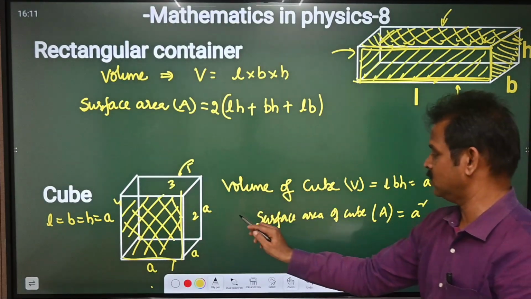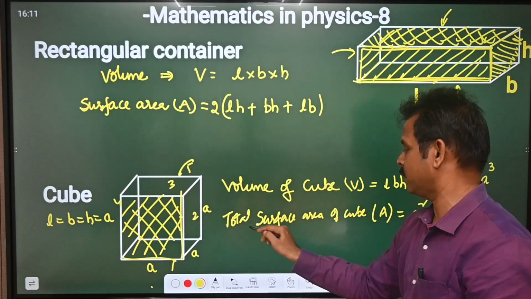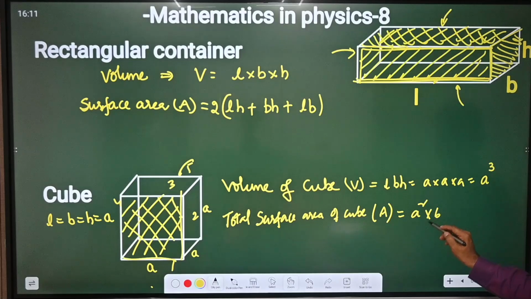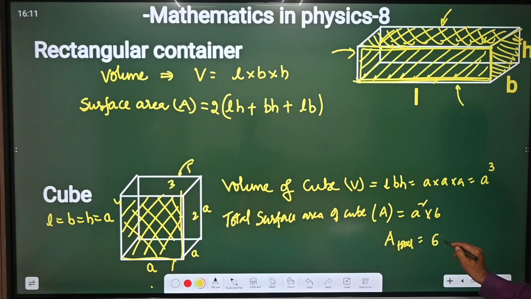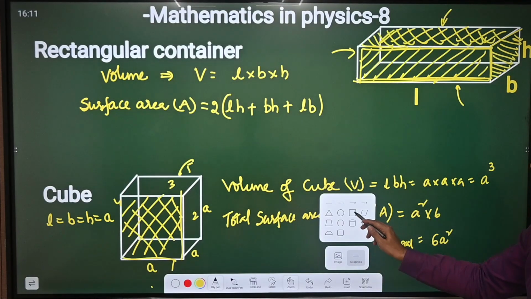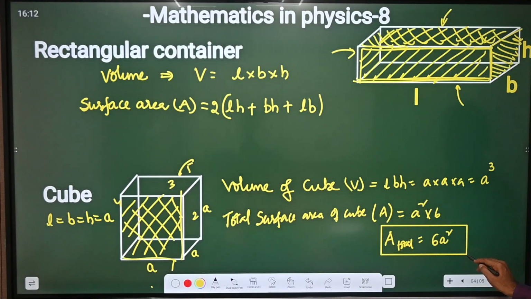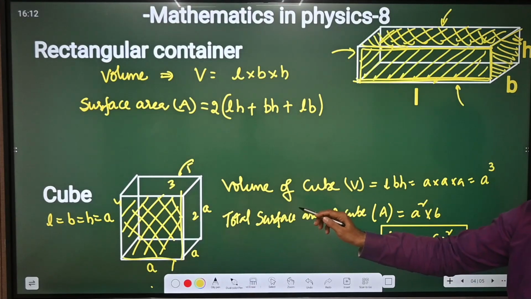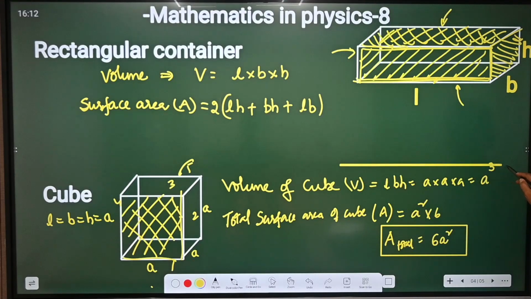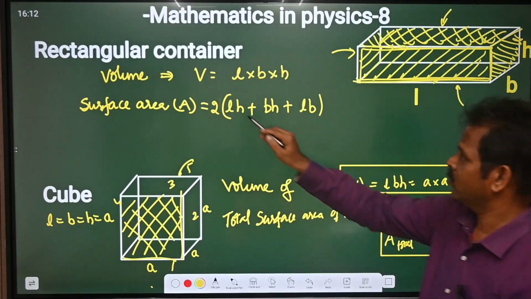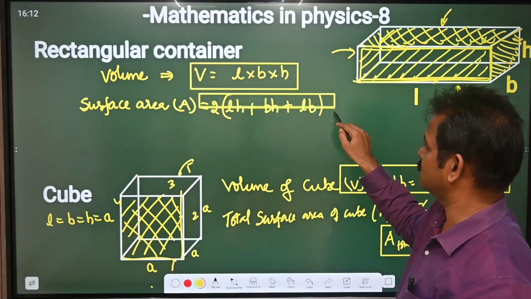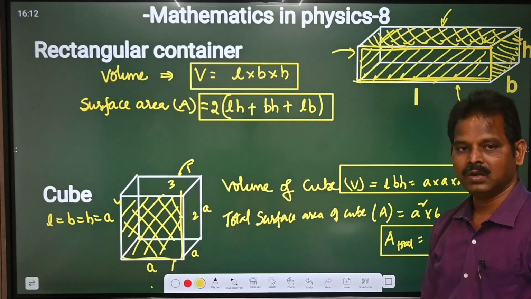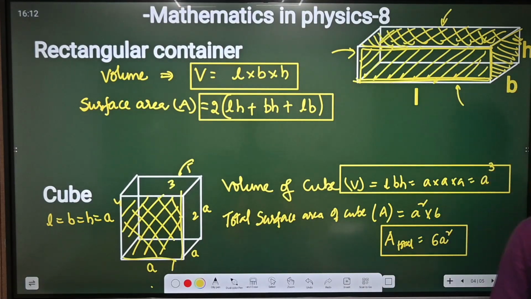The total surface area of the cube is A square into 6. So the total surface area is given by 6A square. So this is the formula to find the surface area of the cube, and the volume of the cube is given by A cube. The volume of a rectangular container is LBH, and the surface area of this one is 2 into LB plus BH plus LH.